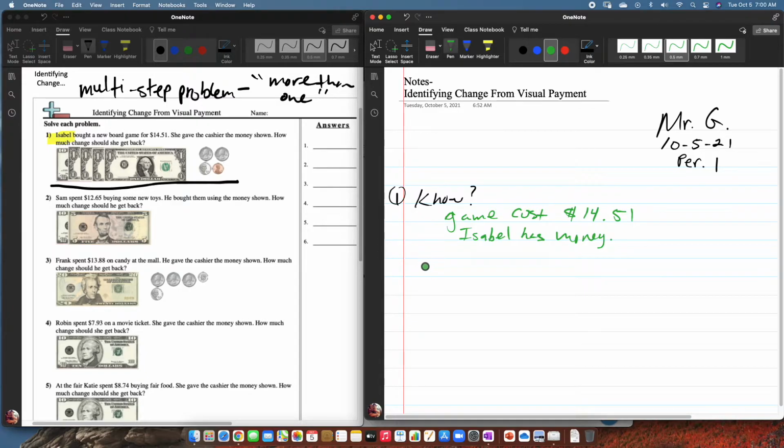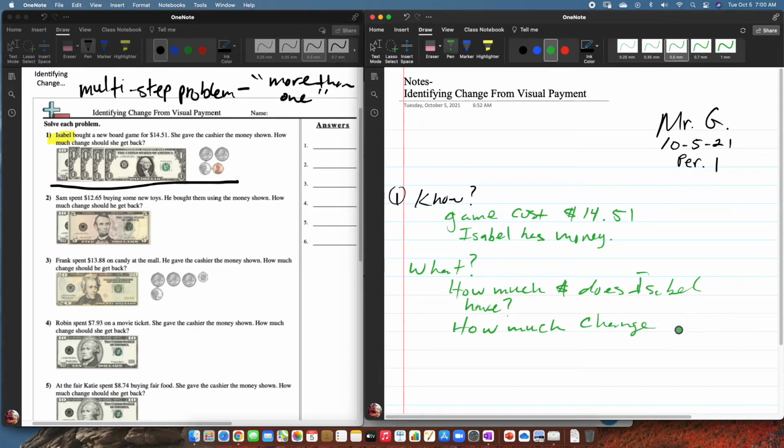So what is it that we're trying to find out? We're trying to find out how much money does Isabel have, and then we're also trying to find out how much change should Isabel get, right?